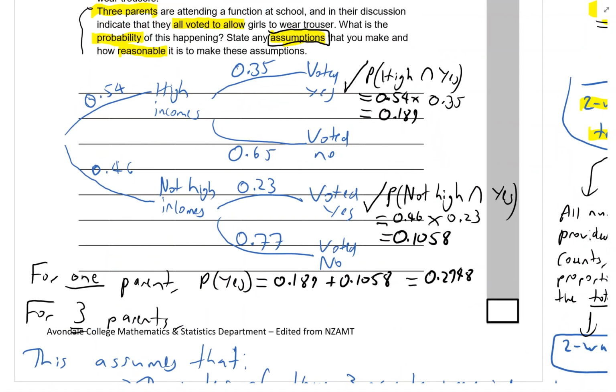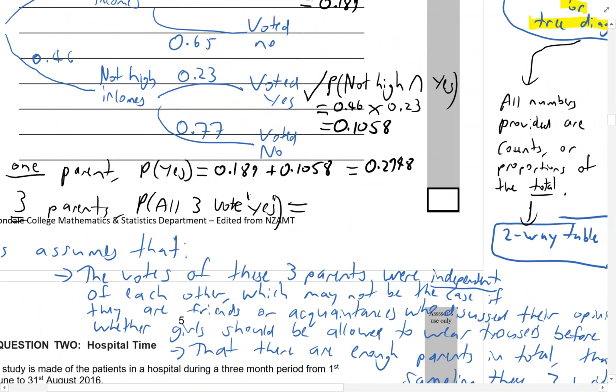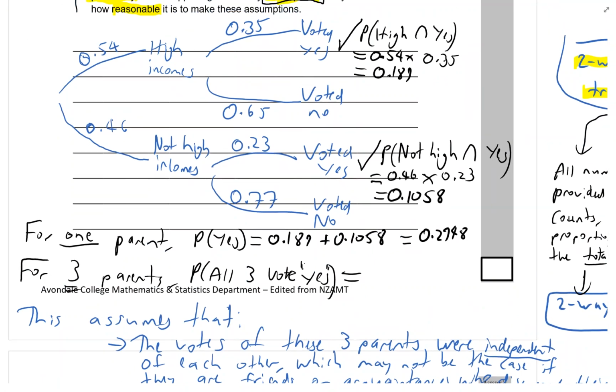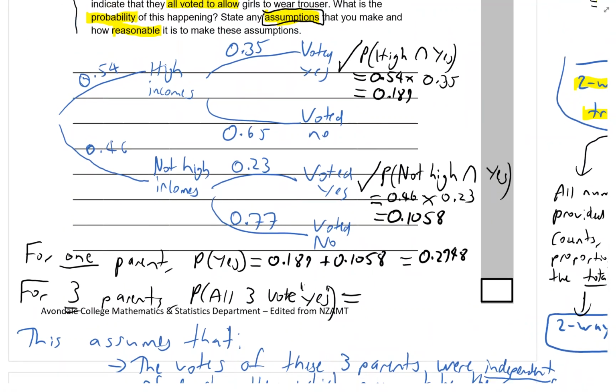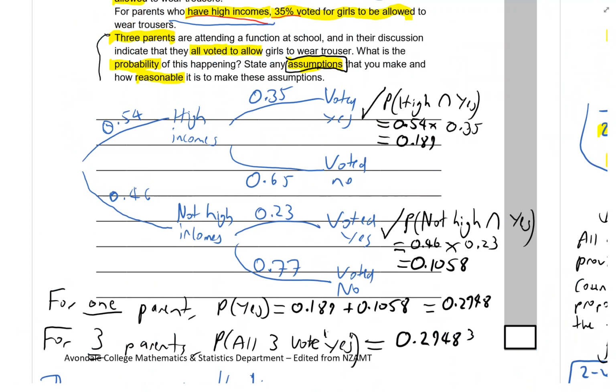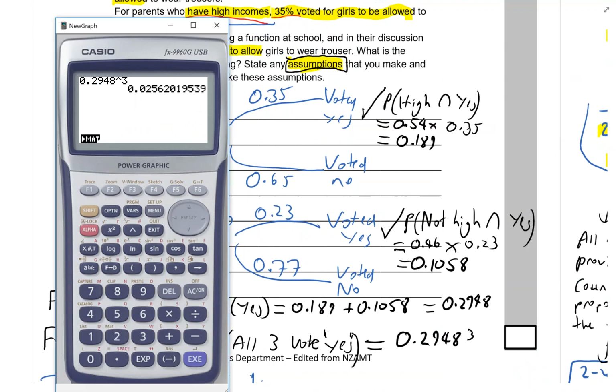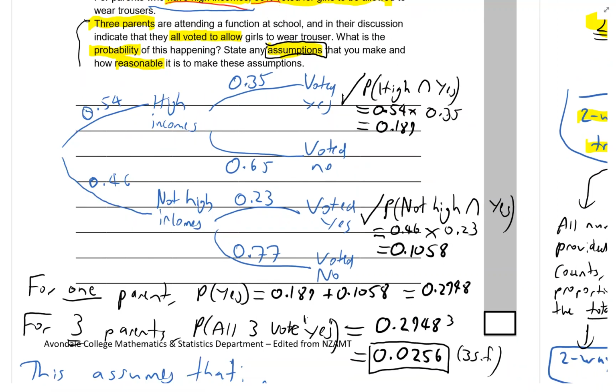So for 3 parents, the probability that all 3 vote yes equals 0.2948 to the power of 3, cubed, and that gives us 0.0256 to 3 significant figures. And so writing that down, in other words, there's about a 2.56% chance of that happening.